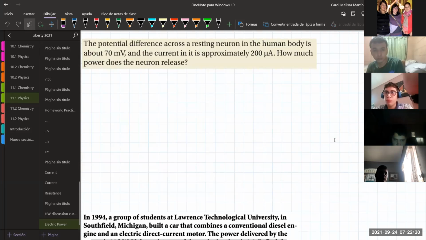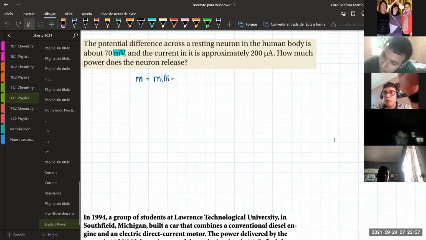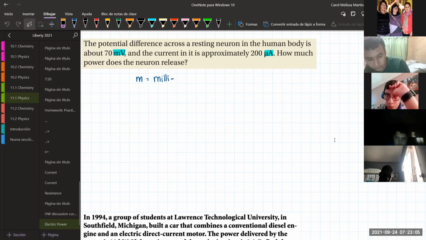There's another problem here that says the potential difference across a resting neuron in the human body is about 70 mV. Everyone was asking me the other day about the prefix m. The prefix m is milli, and this other one is micro, the Greek letter mu.